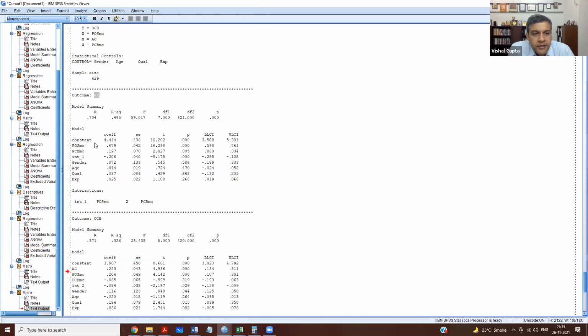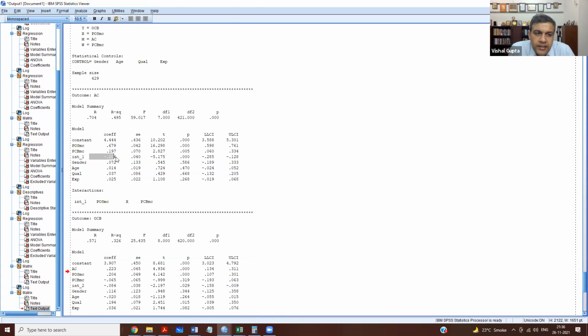So you have the constant, then you have the POS coefficient, it is significant. PCB direct path, it is significant at P less than 0.01. And now you get the interaction term, which is minus 0.206. The interaction is POS multiplied with PCB.